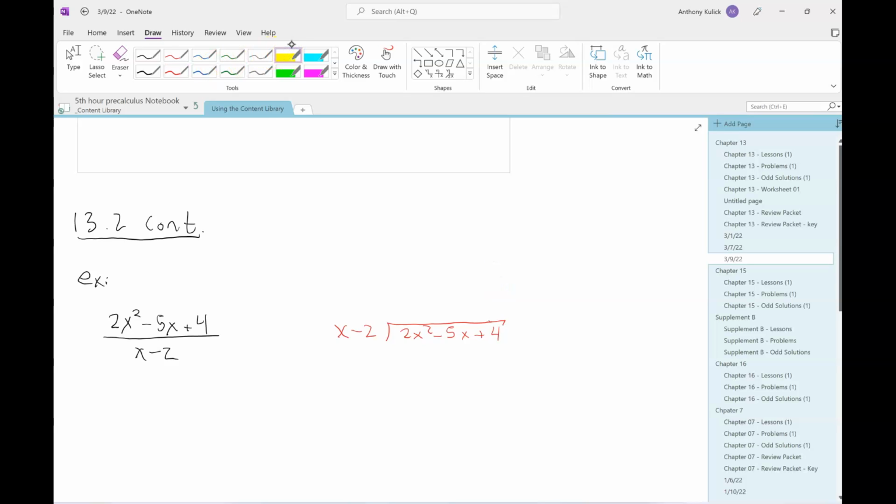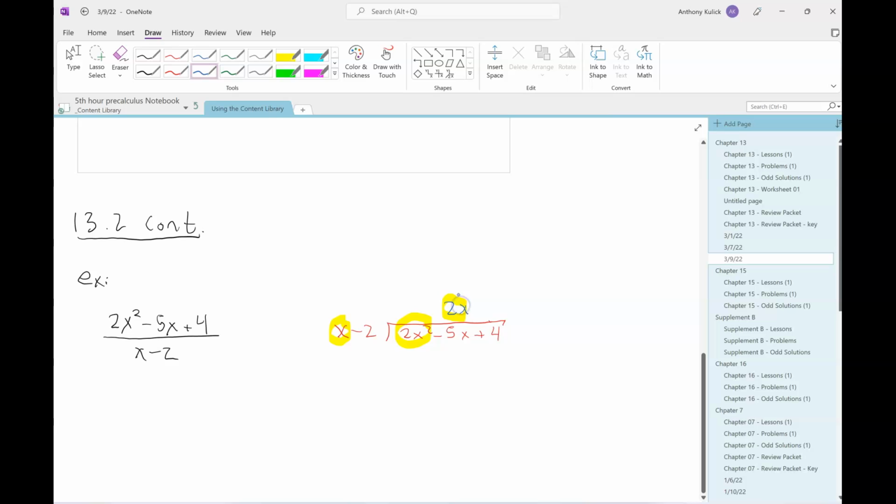Okay. Then what? We look at the leading terms and we ask what times the leading term of the divisor, x, gives us the leading term of the dividend, 2x squared. 2x.